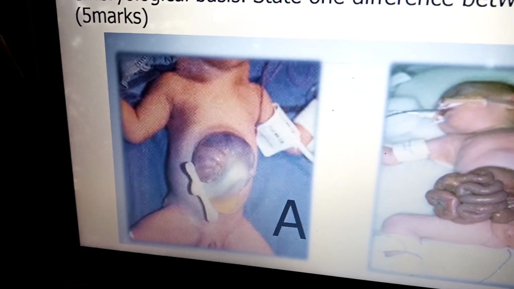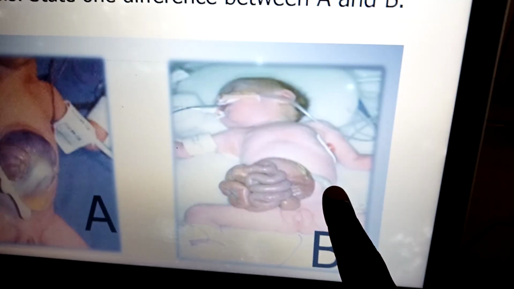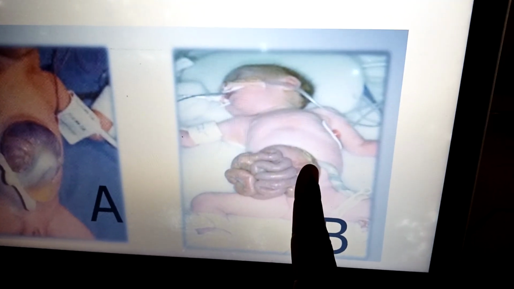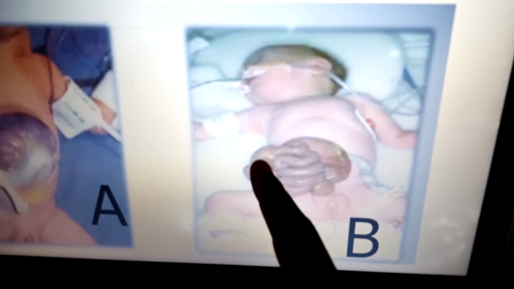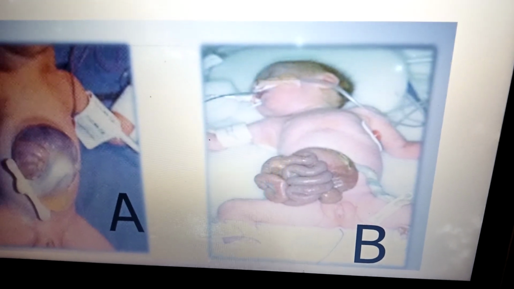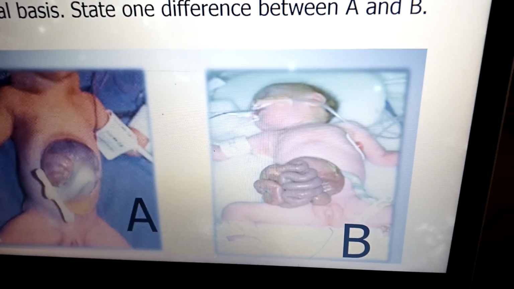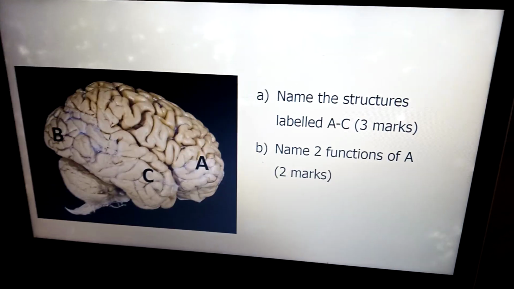So this is omphalocele. Then the part labeled B, you can see the cord here, and then paramedian, you have the intestines, the coils of the intestines which are not covered by amniotic membrane. So we call that gastroschisis. So they are both defects of the anterior abdominal wall.